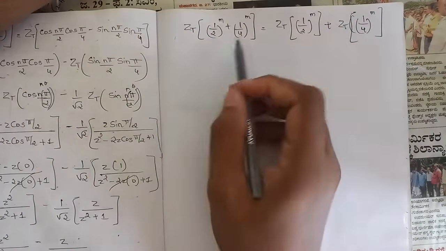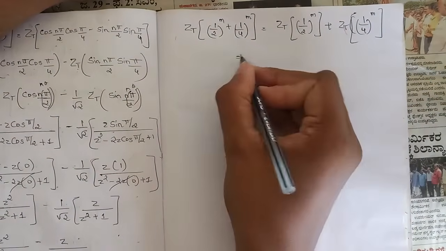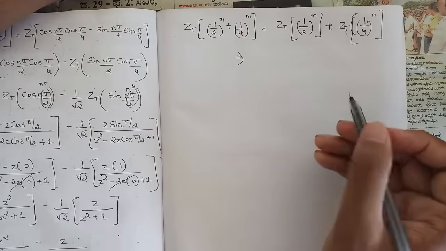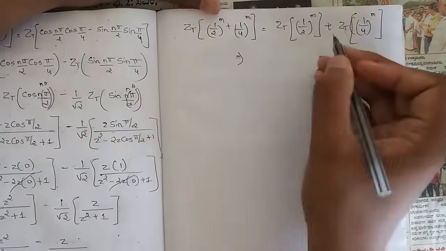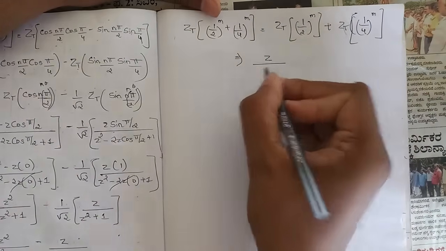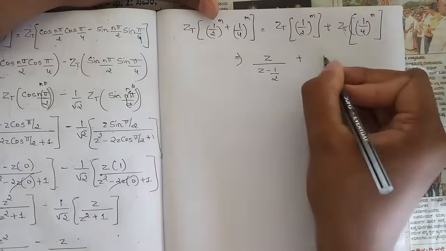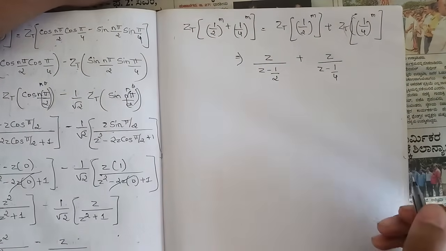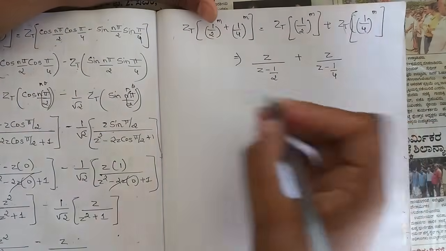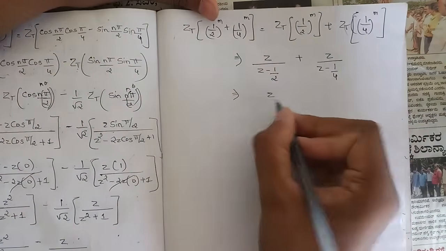I've used the linear property and I've split and written it. Okay, so now we know the z transform of a power n, that is z divided by z minus a. So in place of a there is 1 by 2, so z divided by z minus 1 by 2 plus z divided by z minus 1 by 4. Okay, so now let's do some simplification in the denominator side.